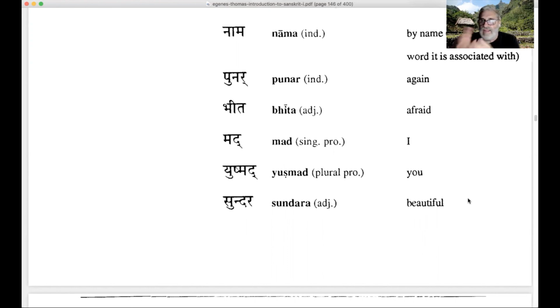So it's not completely the same all the time. Sometimes it changes, so punar can be punaha. Bhita is an adjective meaning afraid. Mad is a singular pronoun meaning I, and it can be aham, asmi, like that.